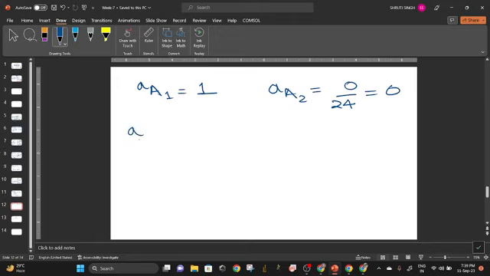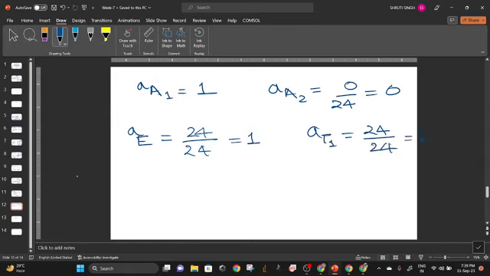For E you will get 24 by 24, which is 1. For T1 again 24 by 24, which is 1. And for T2 you will get 72 by 24, which is 3.